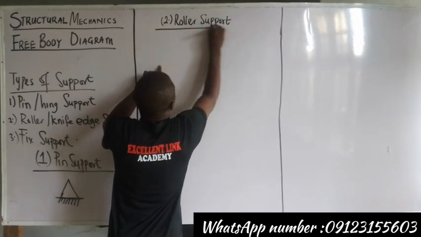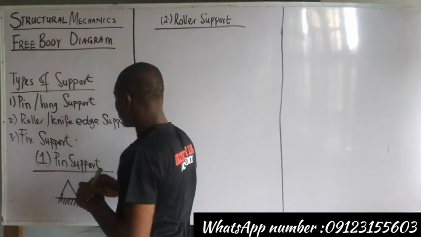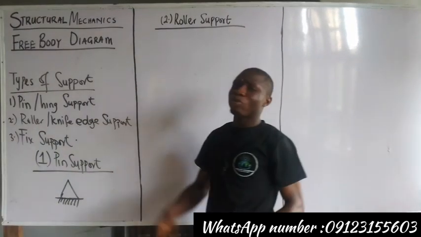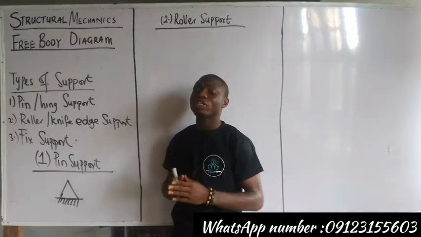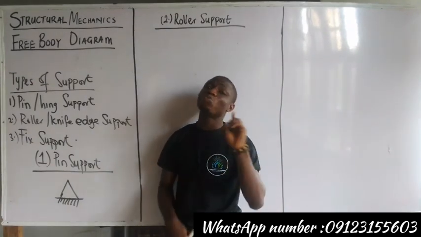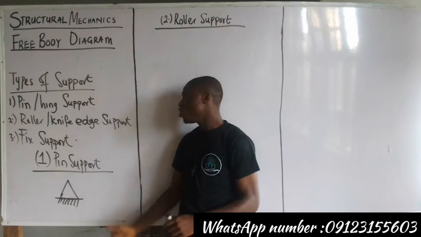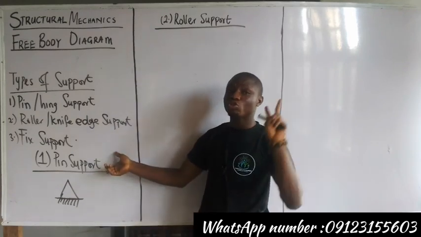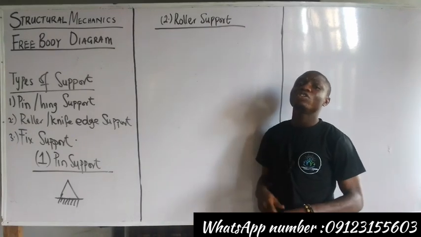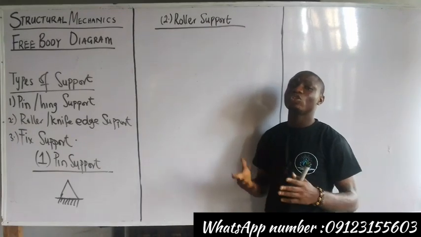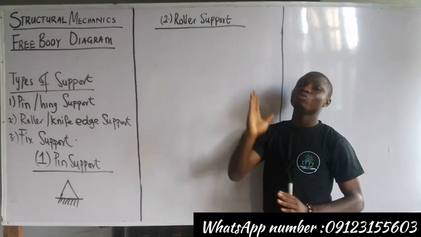What is roller support? By definition, roller support or knife edge support is simply a support that produces just 1 reaction. We just said pin support produces how many reactions? 2. But roller produces just 1 reaction. What is the reaction? Just a vertical reaction.